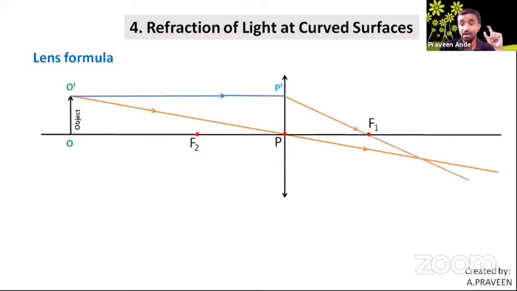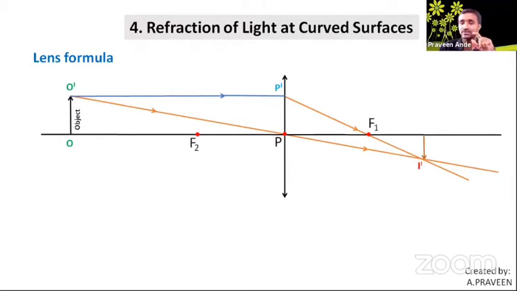Then I got the converging point of these two refracted rays. From there I am going to draw a perpendicular onto the principal axis. That converging point is identified as I dash, the image point of O dash. Then what about the image of O? It will be on the principal axis. How do you find it? Construct the perpendicular onto the principal axis.